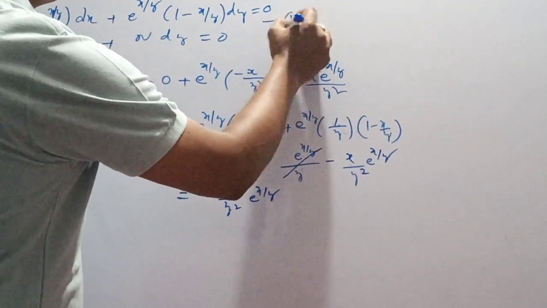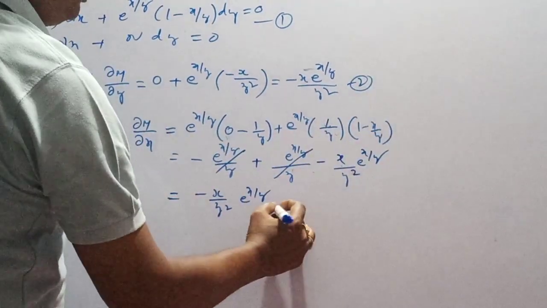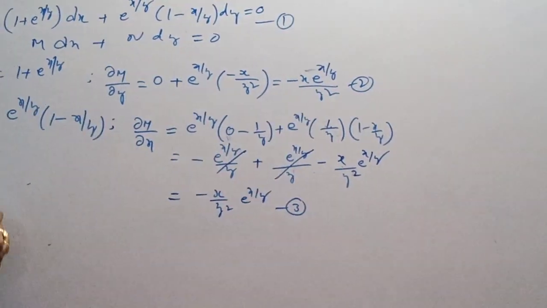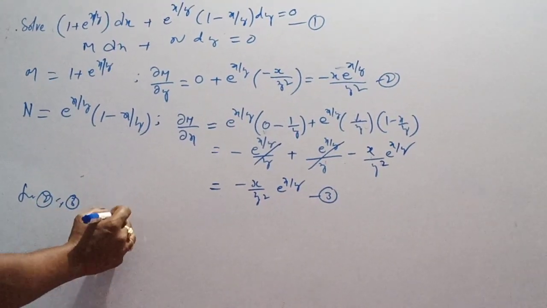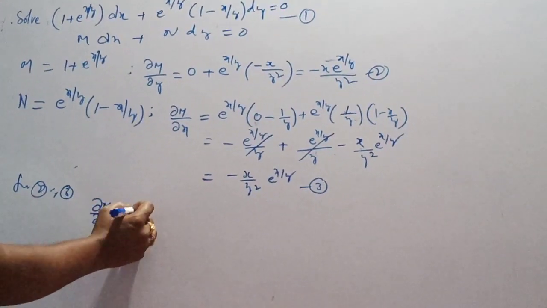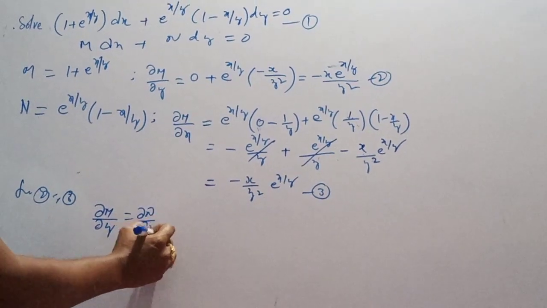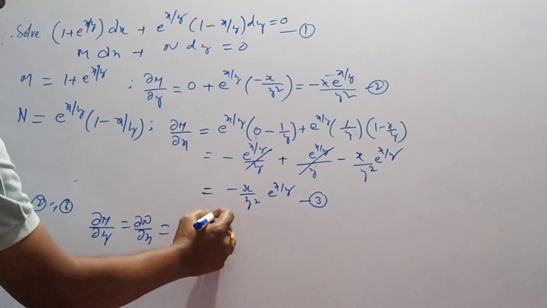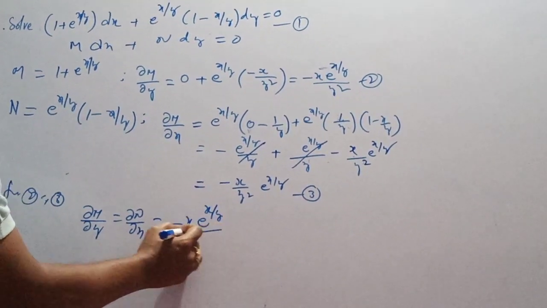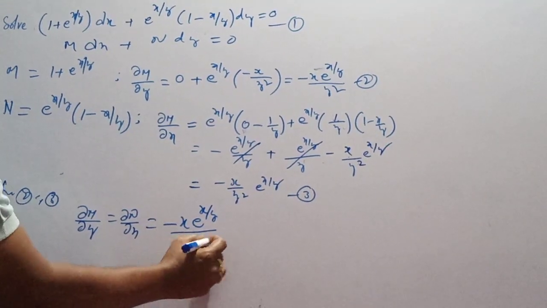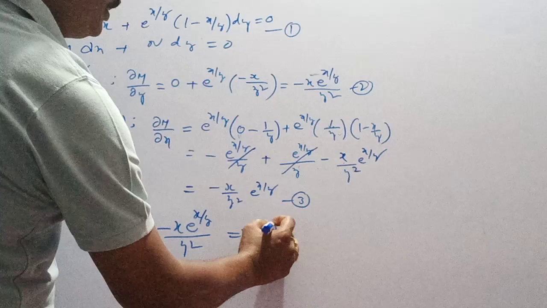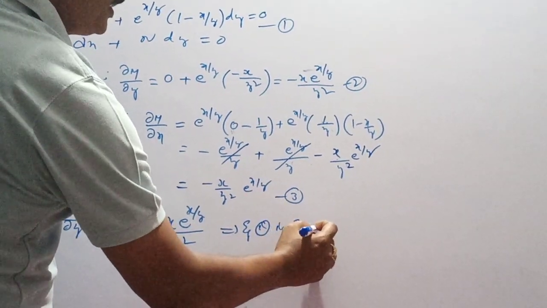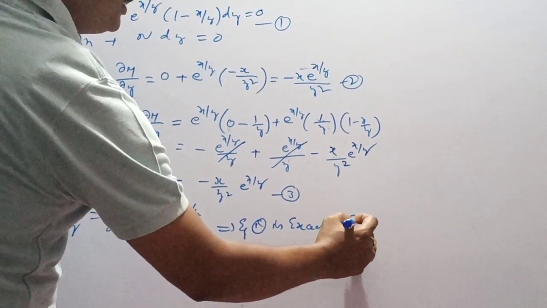So equation 1, equation 2 and equation 3. Using 2 and 3, ∂M/∂y equals ∂N/∂x equals -x e^(x/y)/y². Therefore, this implies equation 1 is an exact differential equation.